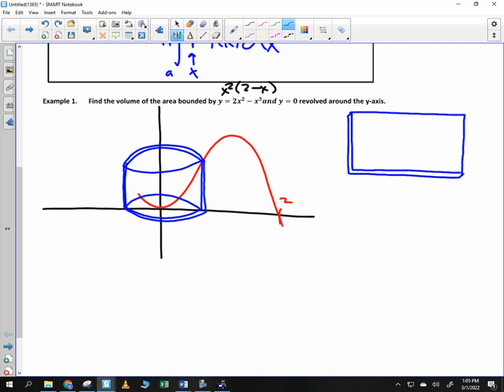Is the thickness dx or dy? It is dx. Tell me, what is the height of the rectangle? And what is f of x? 2x squared minus x cubed. How do I determine the length?